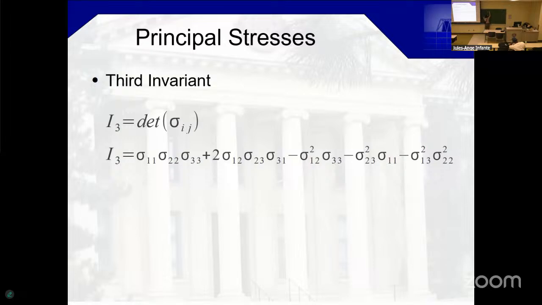Minus sigma 1, 2 times the determinant of the matrix where we remove this column and this row, with sigma 2, 1, sigma 2, 3, sigma 3, 1 and sigma 3, 3.